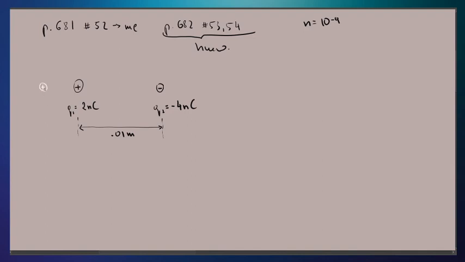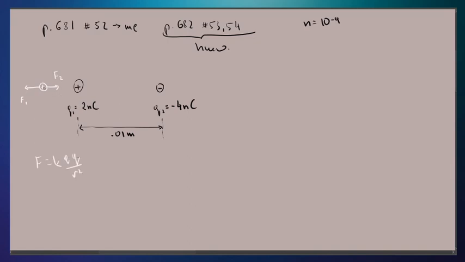So let's say I place the proton here, then I get a repulsive force between these two, and that repulsive force would point like this. Let's call it F1 because it is due to Q1, and I'm going to get an attractive force between this and that, and this force points in this direction. Let's call this F2. Now the equation for the force is F equals kQ over r squared.